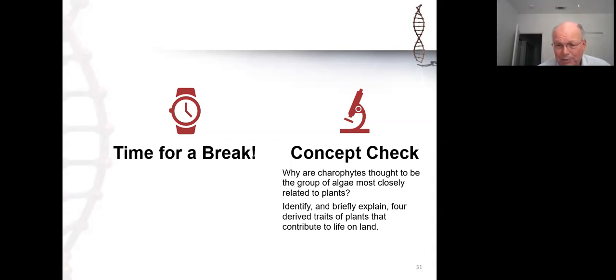That's also a derived trait. So the concept of plants as embryophytes. The gametangia are not really considered to be a feature that is valuable in terms of survival on land, but the alternation of generations most certainly is.